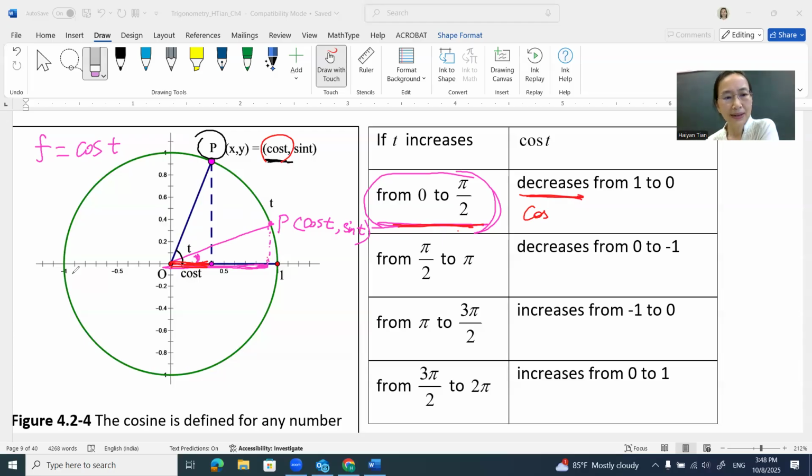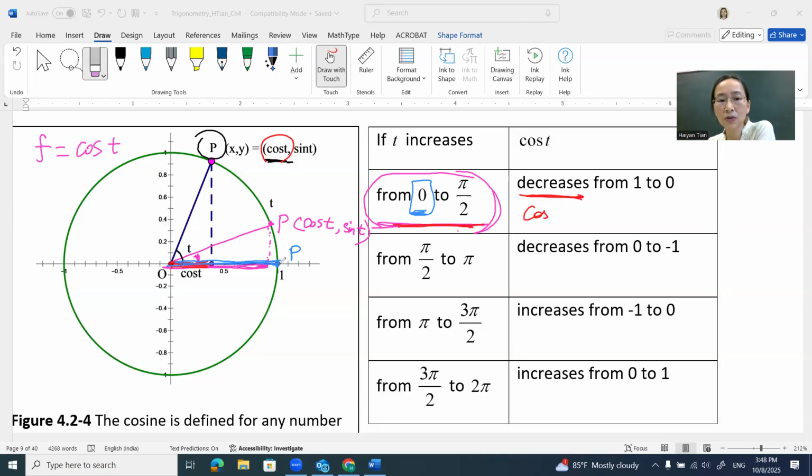And more precisely, how does it decrease? Imagine if t is 0, so that means you have this, the terminal side of t when t is 0.